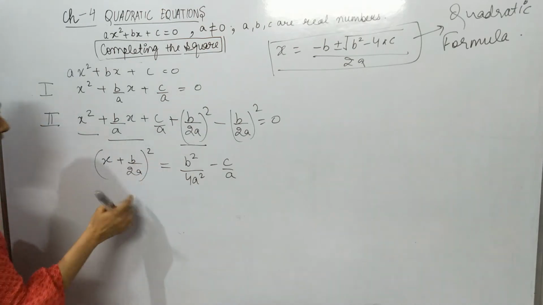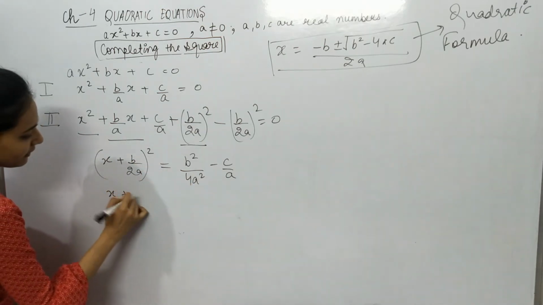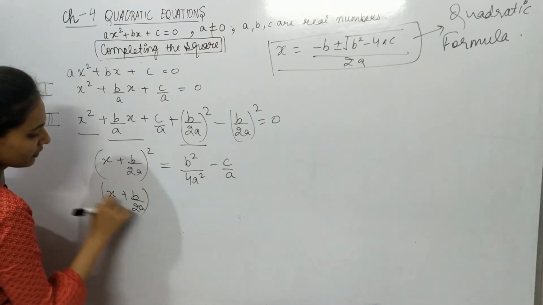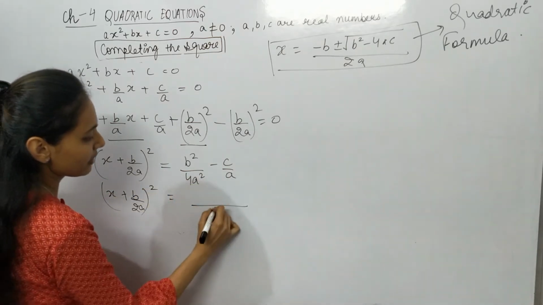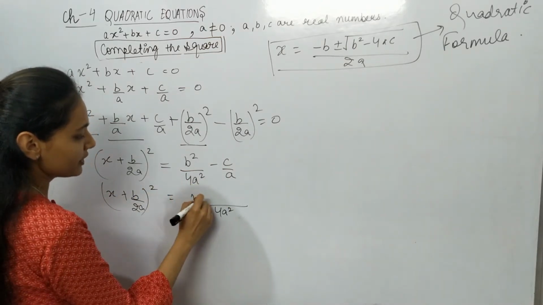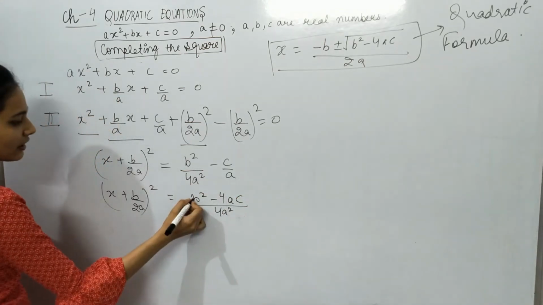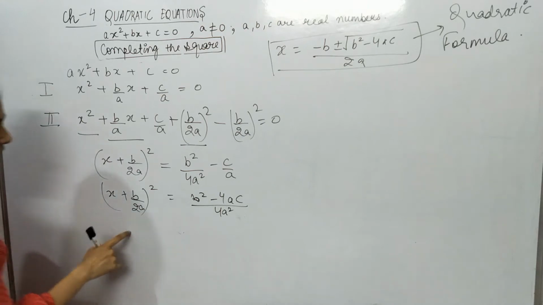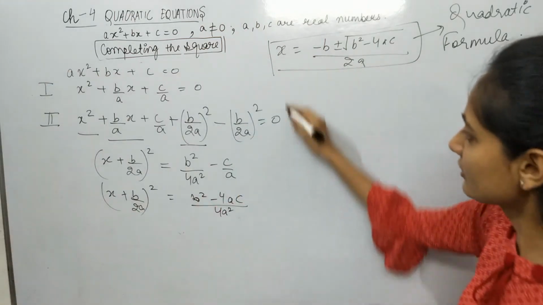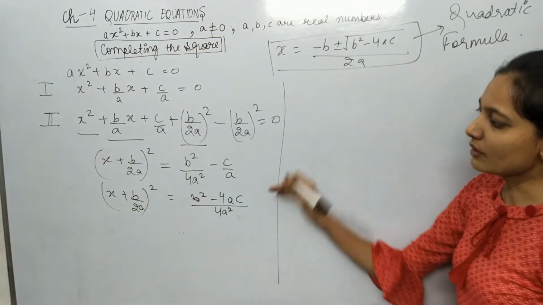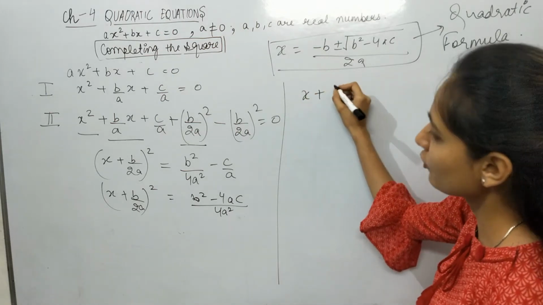So on solving, the left hand side is this, and here it becomes b square minus 4ac upon 4a square. Okay, and what we have to do next is simply take the square root on both sides.